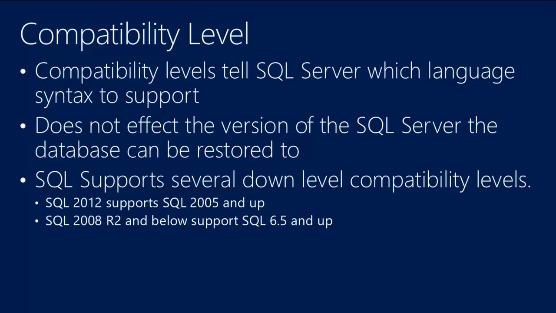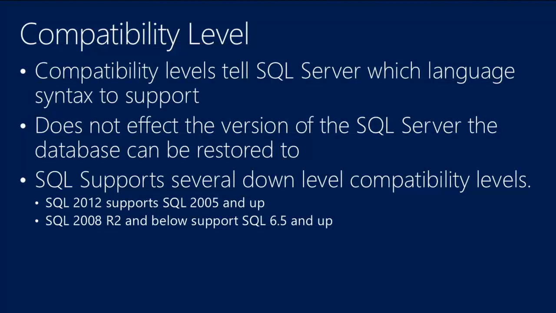In the beta cycles for SQL Server 2012, up until the final beta, we supported SQL Server 6.5 compatibility. Between the final beta and the RTM release of SQL Server 2012, they ripped out SQL Server 6.5, 7, and 2000 compatibility from us. So that's probably going to happen again if they're going to make that change again.